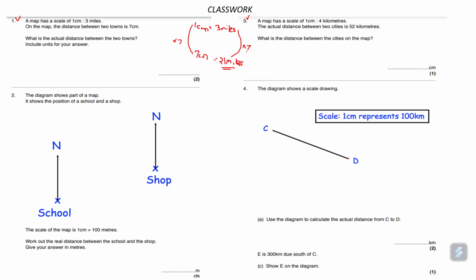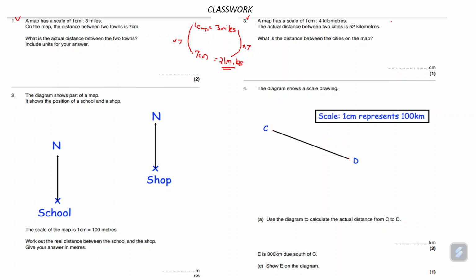Where did we get the 7? We're told that the distance between the two towns on paper is 7 centimeters, meaning you multiply by 7 to give us 7 centimeters, and you multiply your miles by 7, that will give us 21 miles. So the scale says for every 1 centimeter represents 3 miles. So 3 miles times 7 will give us 21 miles.